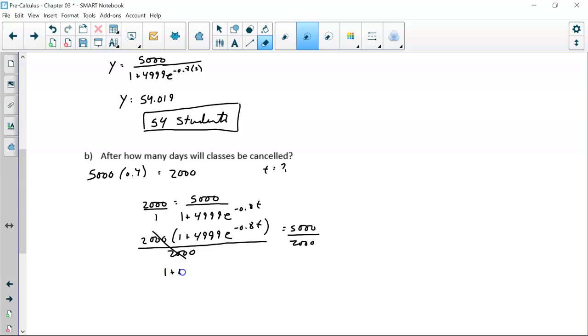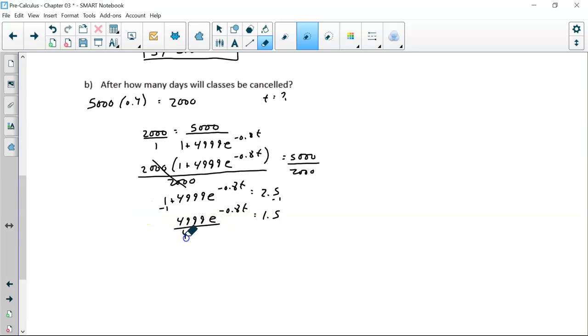So we have 1 plus 4,999e to the negative 0.8t equals, and 5,000 divided by 2 is 2.5. Subtract the 1. 4,999e to the negative 0.8t equals 1.5.